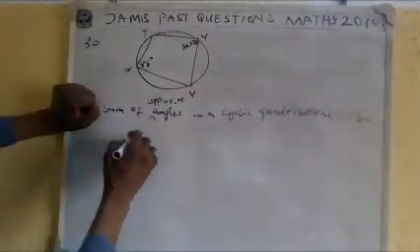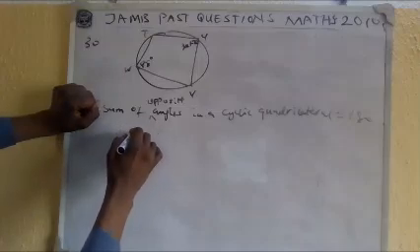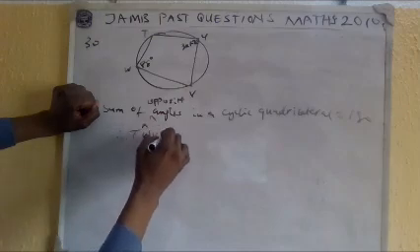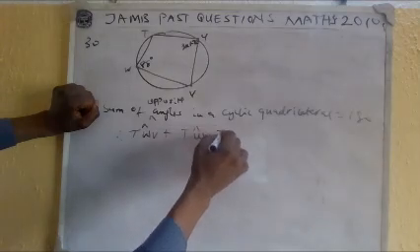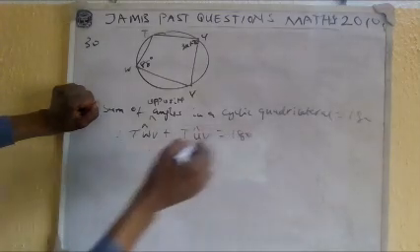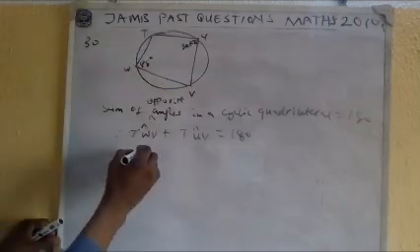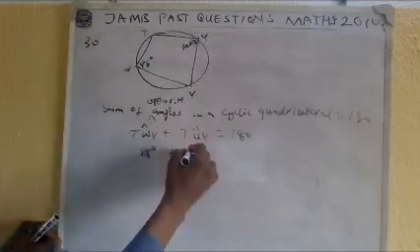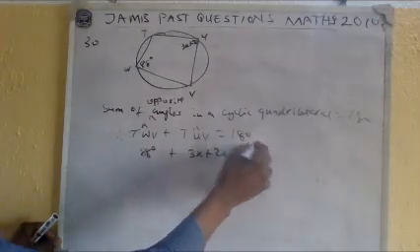So therefore, angle TWV plus TUV is equal to 180. This is the formula. So therefore, TWV, this angle is 88 degrees, and TUV is 3x plus 20 degrees, is equal to 180.